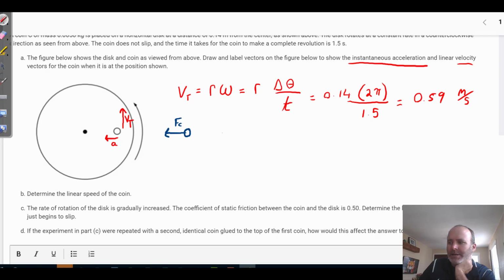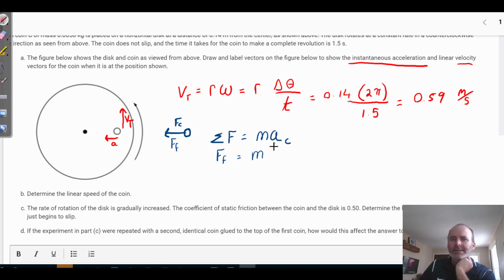Okay, now I know that I'm going to sum my forces and set it equal to mass times acceleration. But since this thing's going in a circle, I'm going to set it towards my centripetal acceleration. Well, what's the force here? This force is the force of friction. Friction is what's keeping it going around in the circle. So here I have force of friction is equal to mass times my centripetal acceleration.